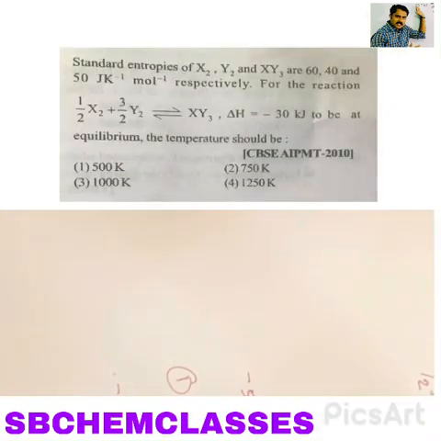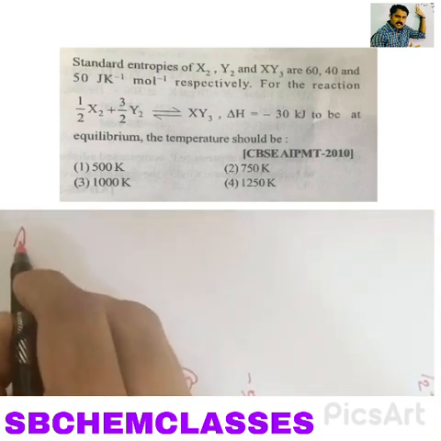Standard entropies of X2, Y2 and XY3 are given as 60, 40 and 50 joule Kelvin inverse mole inverse. For the reaction, delta H is given. At equilibrium, we have to calculate the temperature.